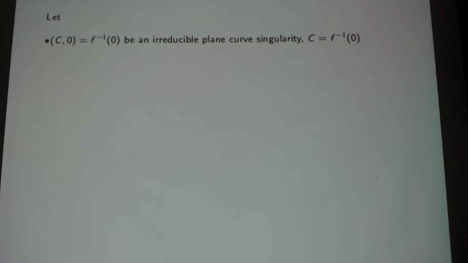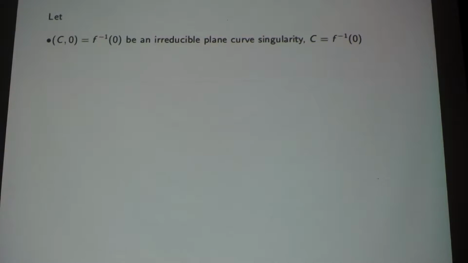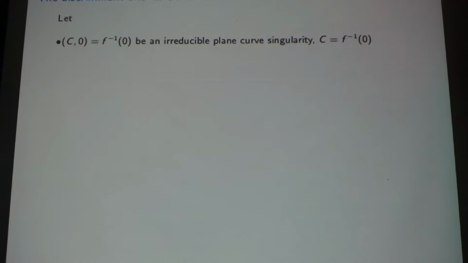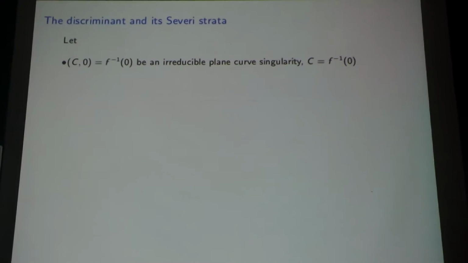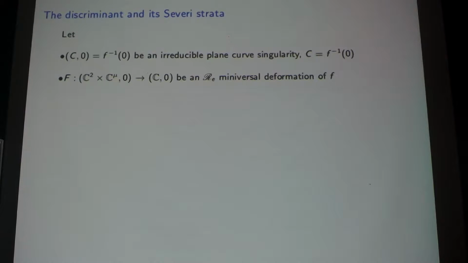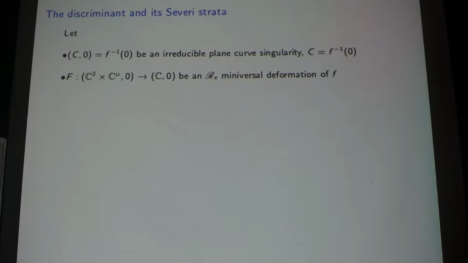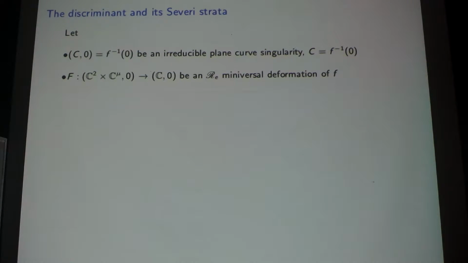We begin with a very basic setup. We take an irreducible plane curve singularity, defined by a function f, and a right miniversal deformation of the function. So not a miniversal deformation of the curve, but of the function itself. So it has new parameters that equal the Milnor number of the curve.